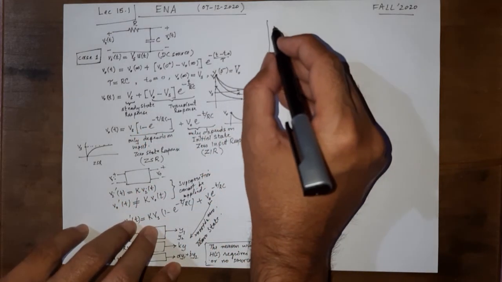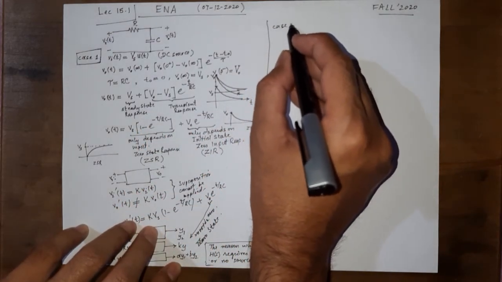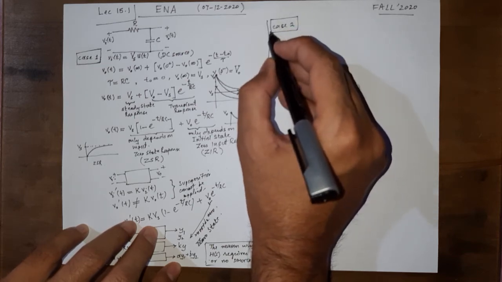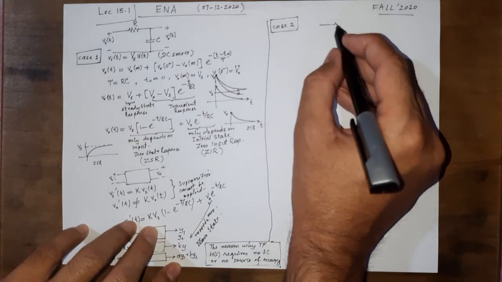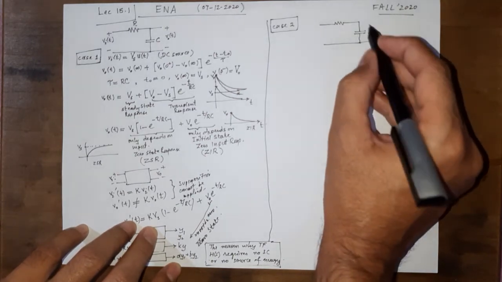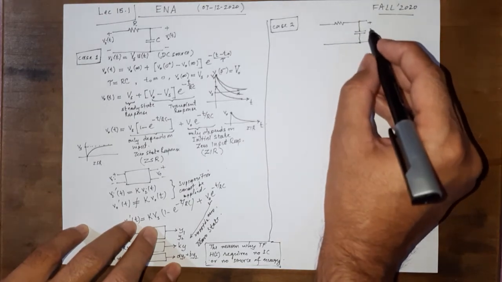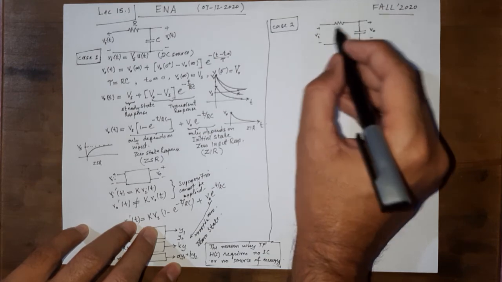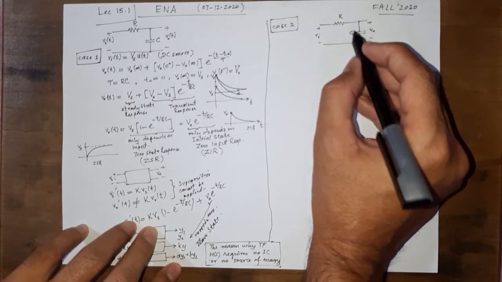Now let us come to the other case that we studied in this course. What was that? Let us again have the same RC circuit with the output taken across the capacitor as usual, and we are required to find the output across the capacitor.